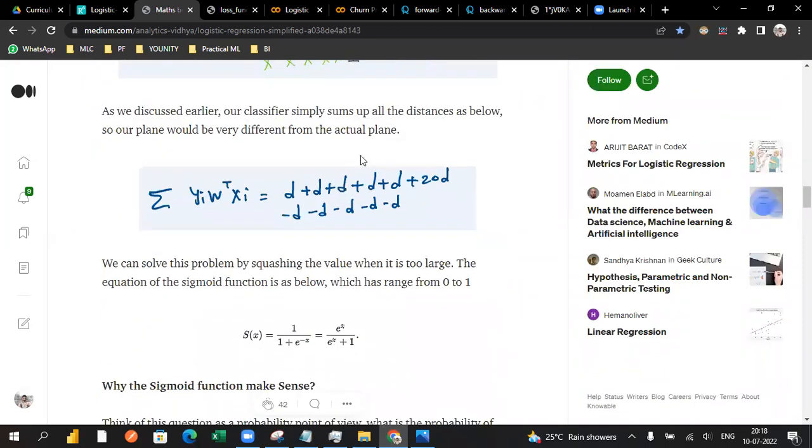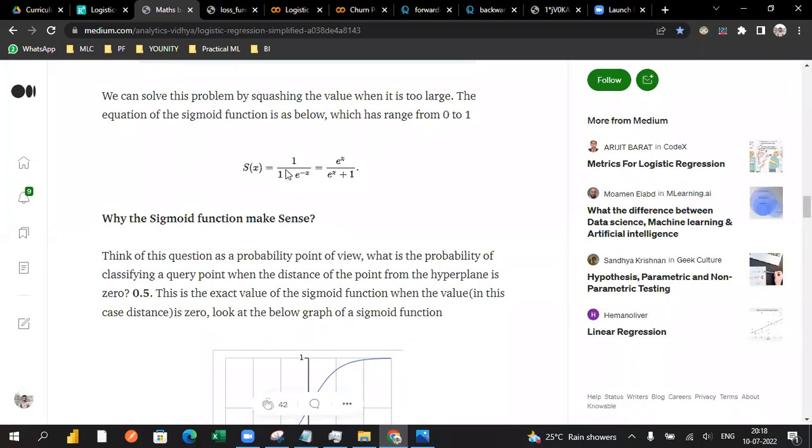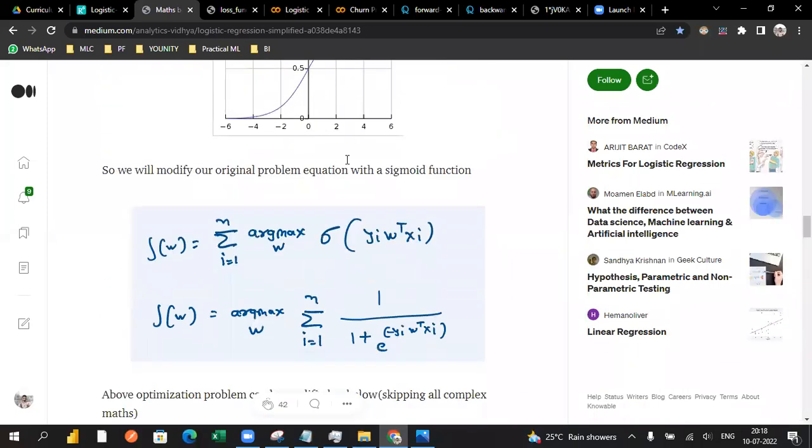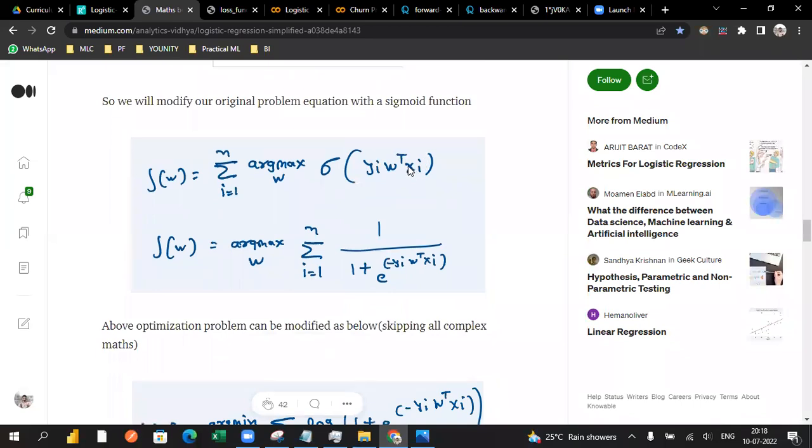So substitute in our x formula: 1 by 1 plus e to the power of minus yi w transpose xi, to apply our sigmoid function. Then you will get this formula, argmax of w, maximizing over all the data points we had.